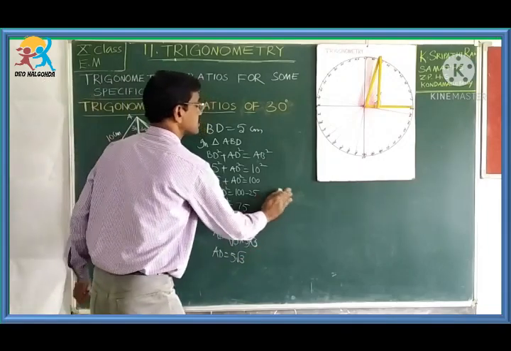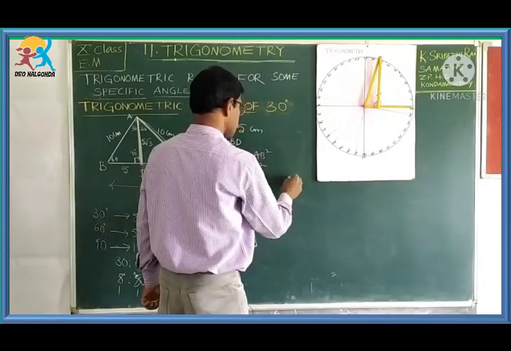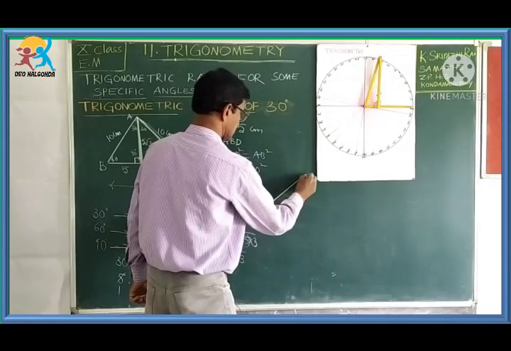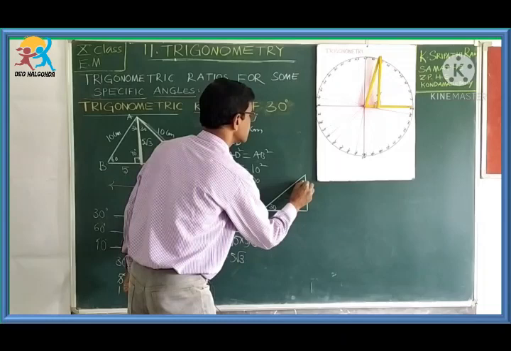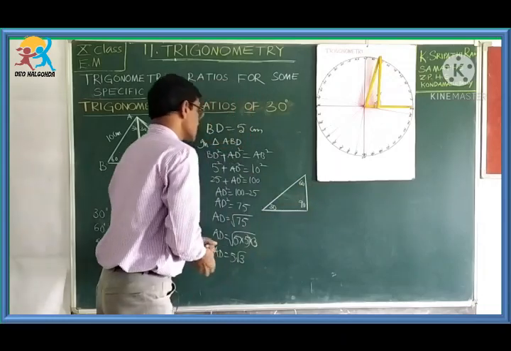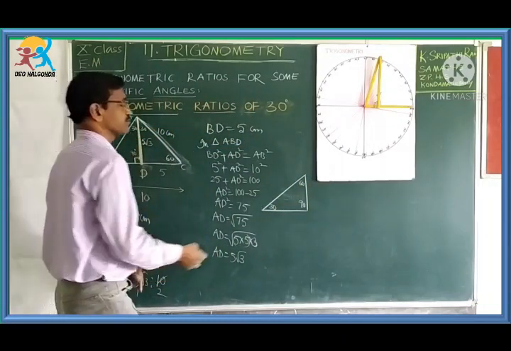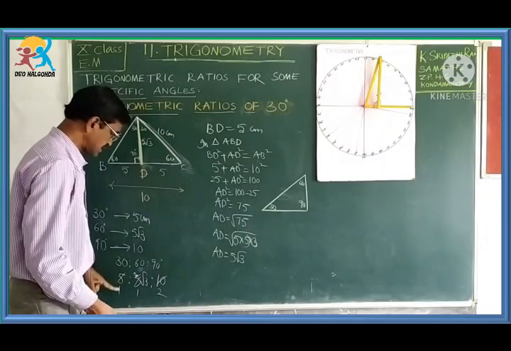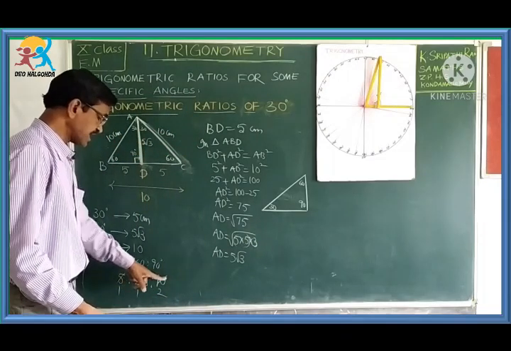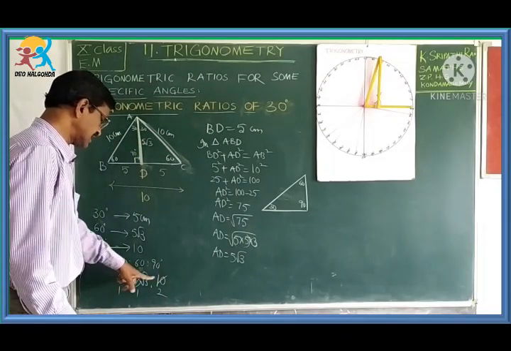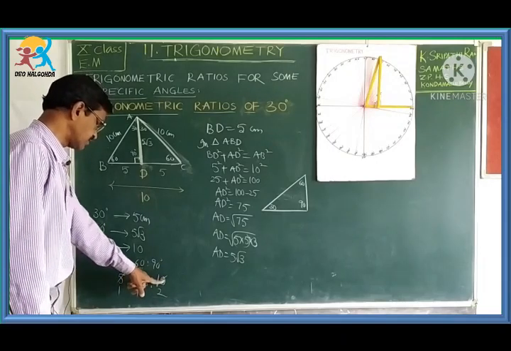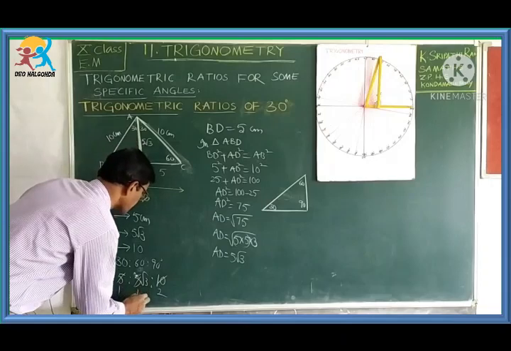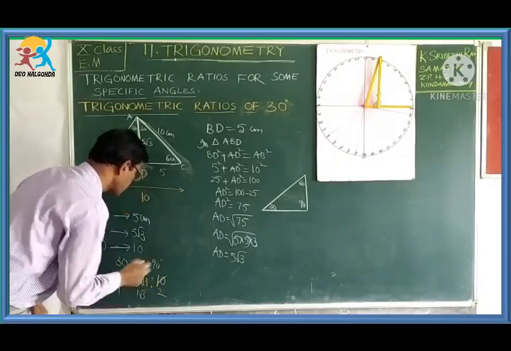In this case, let us draw a triangle clearly. This is 30 degrees, this is 60 degrees, here 90 degrees. Opposite to 30 degrees is 5. After simplification by dividing all these sides by 5, we get 1, root 3 and 2.